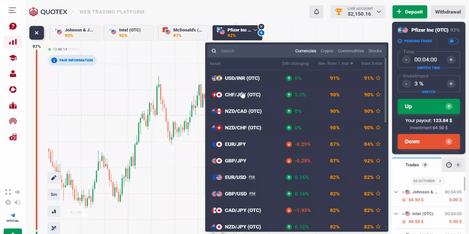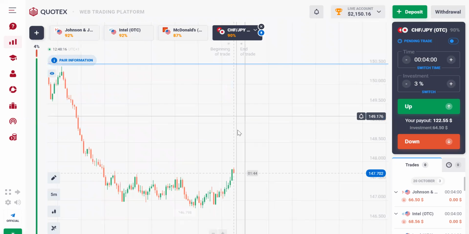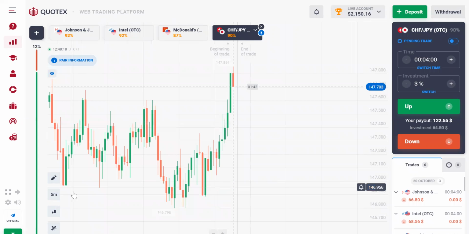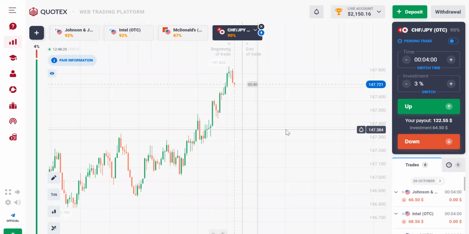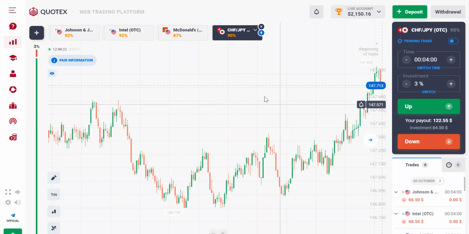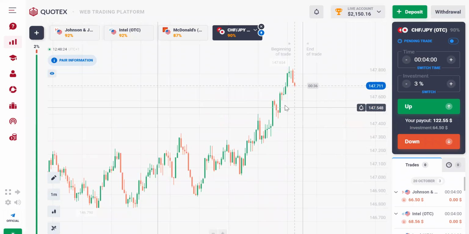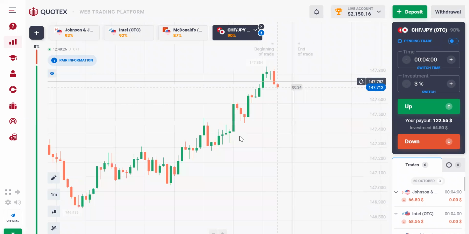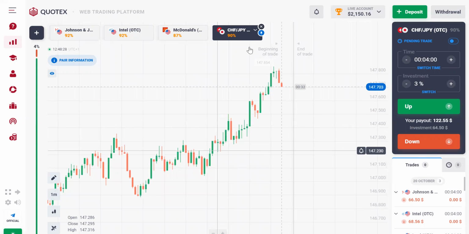Okay, let me see the currencies if we could still get something clear there. Okay, this one is good. This one is trending. We can see it's giving us a high, low pattern.